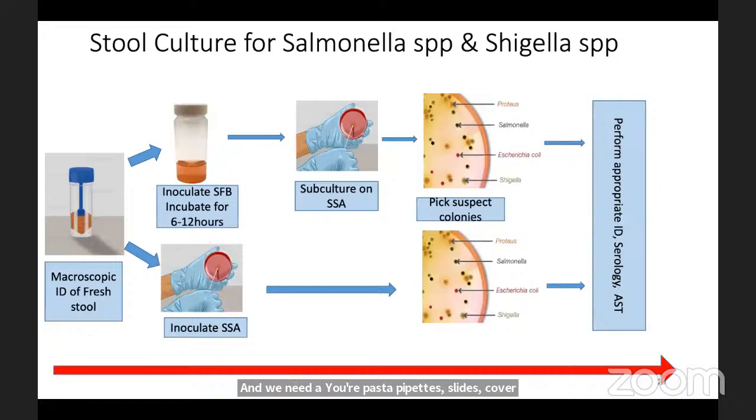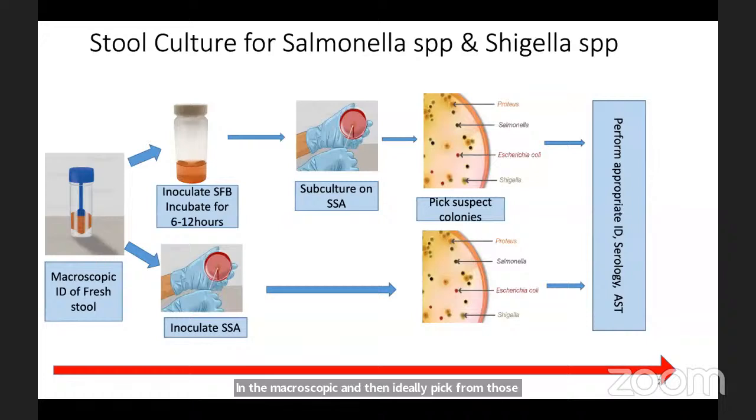So for stool culture, for Salmonella or Shigella, like we said, you can either use XLD, DCA, SSA, or MacConkey. You have to look at the macroscopic appearance of the stool. You are looking out for places with blood or mucus, which you have to report in your macroscopic, and then ideally pick from those areas.